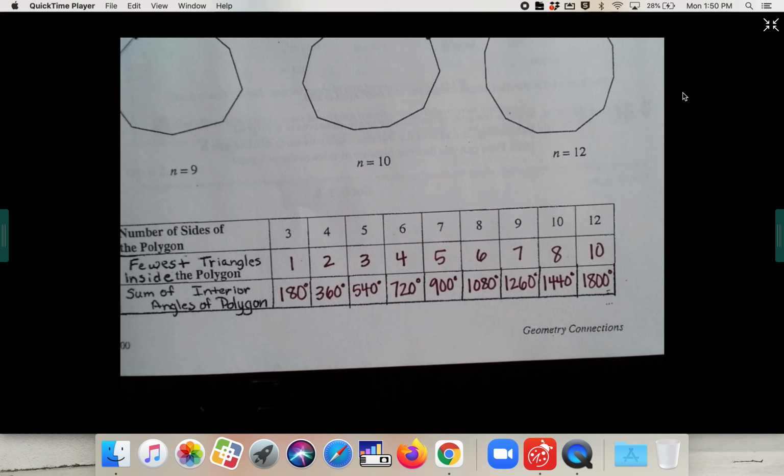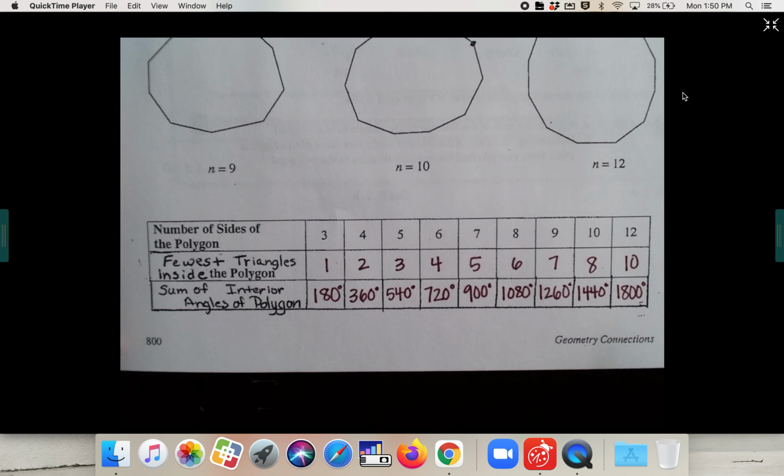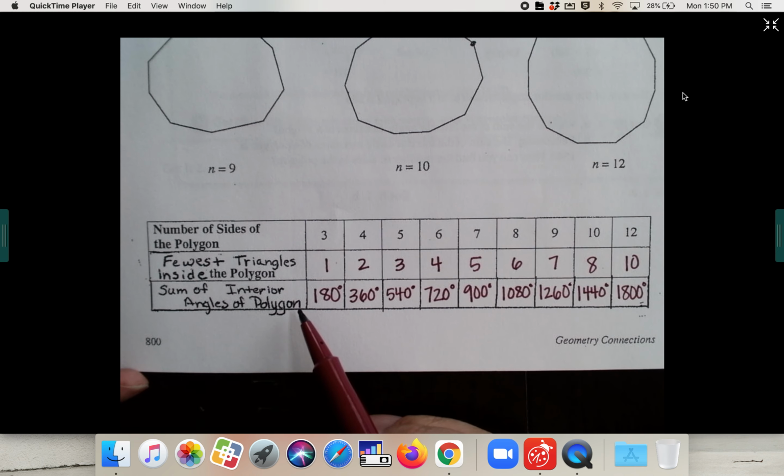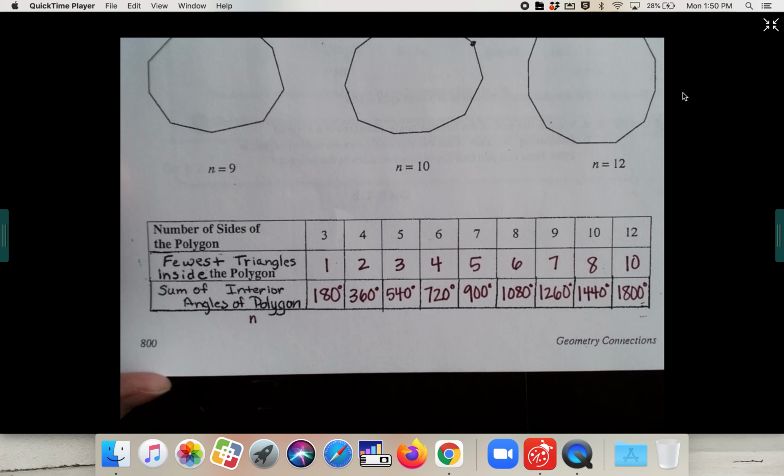Okay, this little chart that we're filling out is going to come back to help us derive the formula for any n number of sides in just a minute.